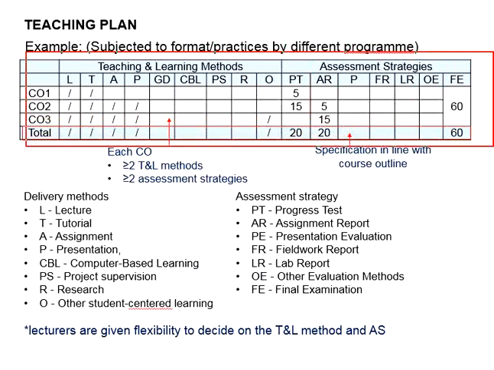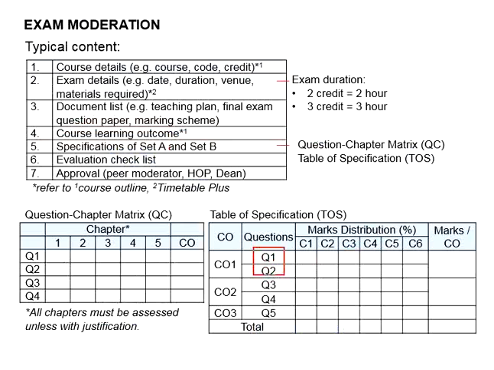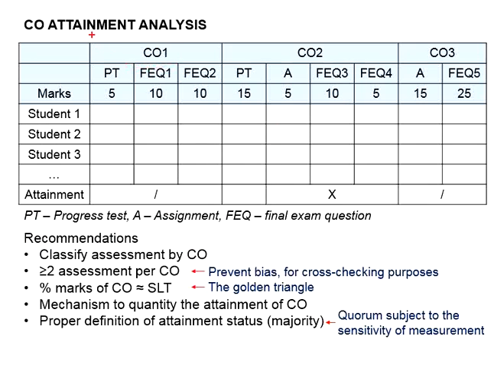Based on the teaching plan here, CO1 will have 5% for the progress test, and you will have question 1 and question 2 of the final exam mapped to CO1.